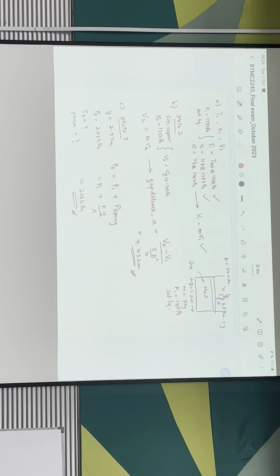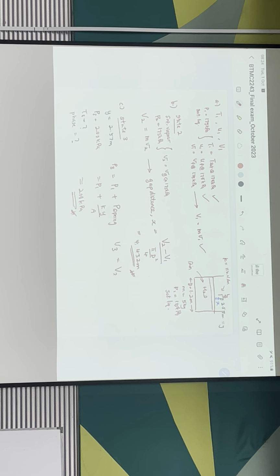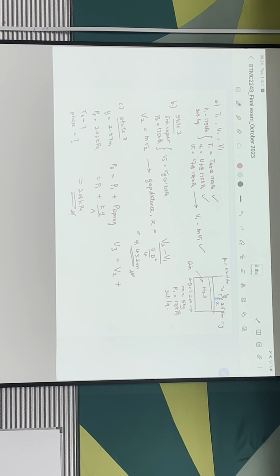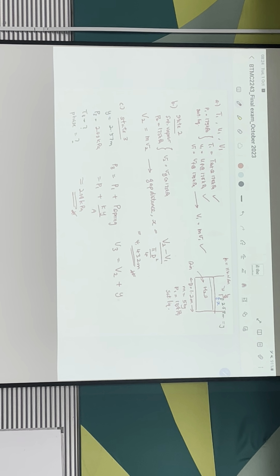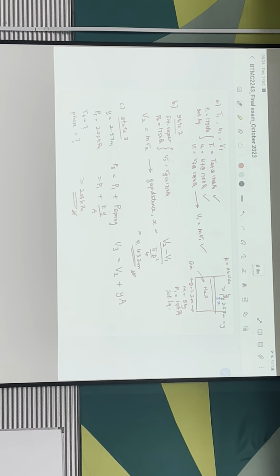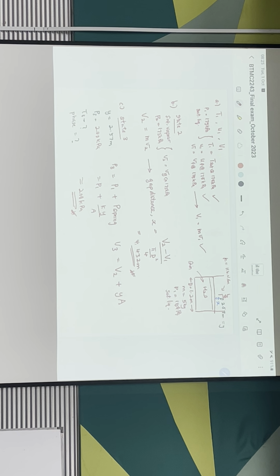So you can find the third volume, the volume at state 3. This will just be volume at state 2 plus y multiplied by A. So this will be the volume at state 3. Once you get this, then you can find out what is the specific volume at state 3.